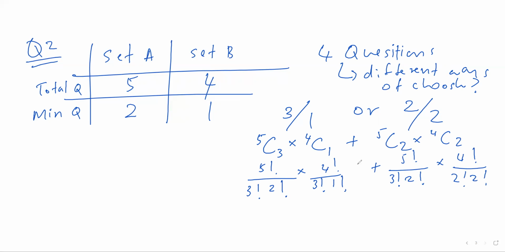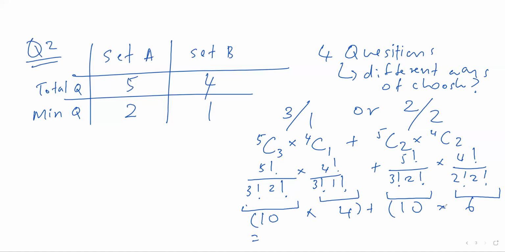Okay, and this is actually 10. The same goes here. This is 4, and this is 3 times 4 divided by 2, and that's 6. That will be 40 plus 60. That's 100.